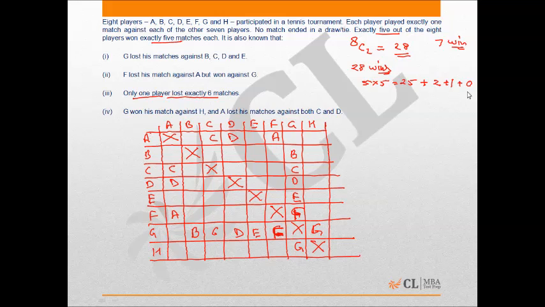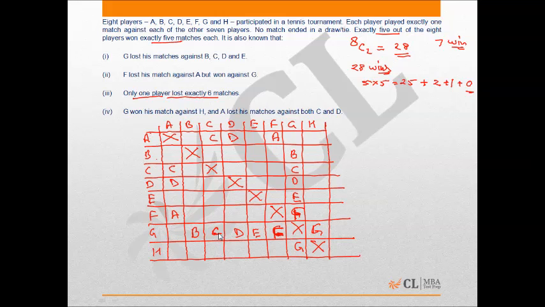Now there should be one player who has 0 wins. So if you see in this row, A has at least 1 win, B has at least 1 win, C has at least 2 wins, D has at least 2 wins, E has at least 1 win, F has at least 1 win, G has at least 1 win, right?